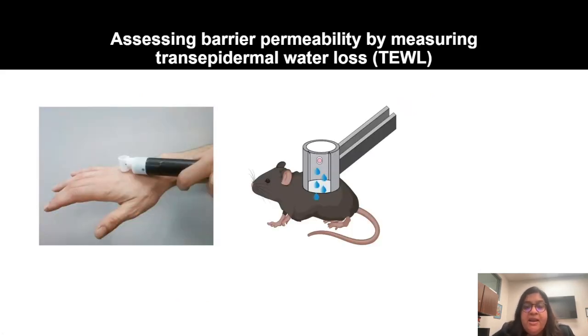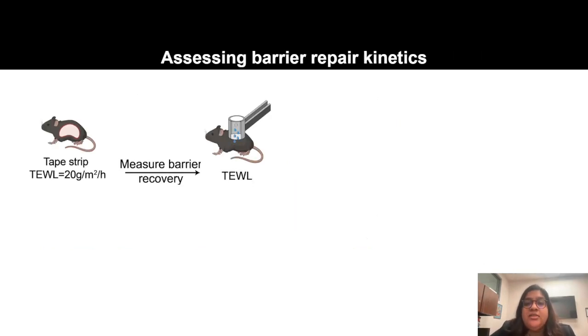I adapted this assay to compare barrier recovery kinetics in germ-free versus SPF mice. To assess barrier repair kinetics, I conducted tape stripping on the skin of germ-free versus SPF mice, where the barrier was compromised using tape strips to the same consistent level.